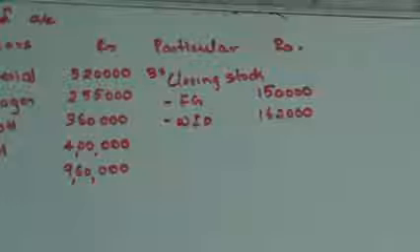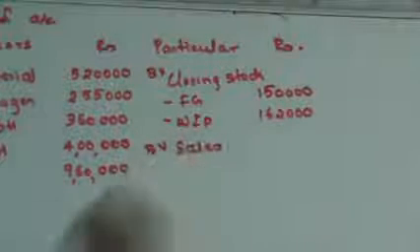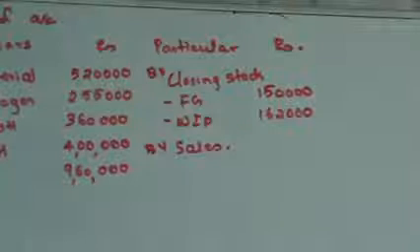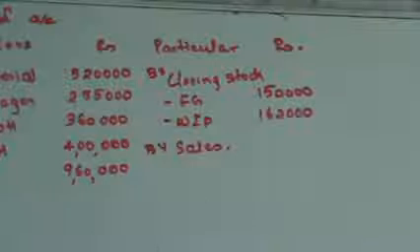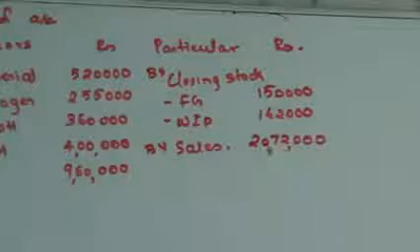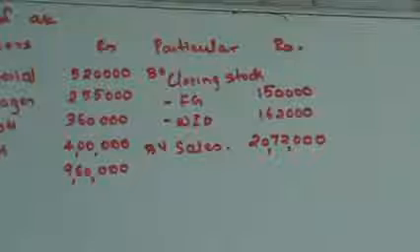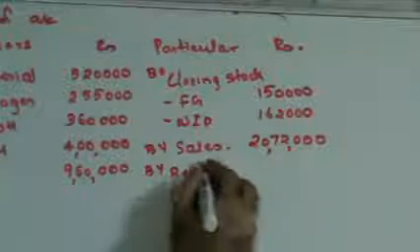Next, rent income. No, before that you have sales. By sales, you are selling 16,000 units at 129.5. 16,000 into 129.5 is 20,72,000. Right? Then you have rent income on the credit side, by rent.